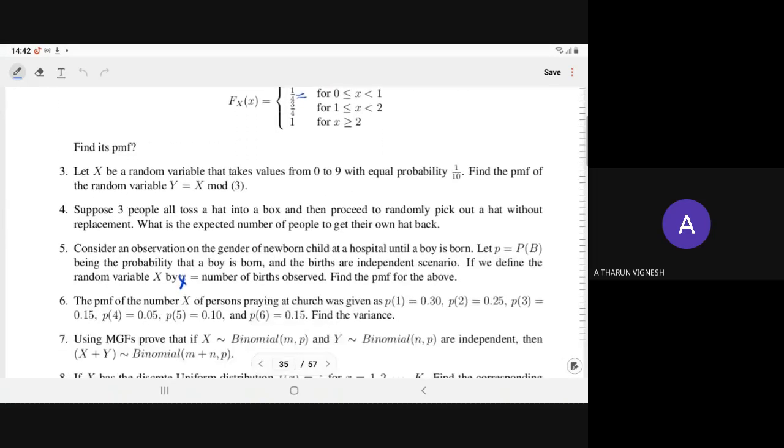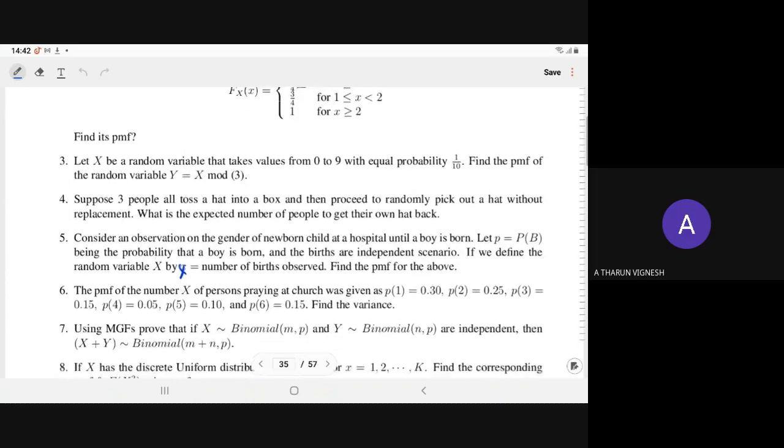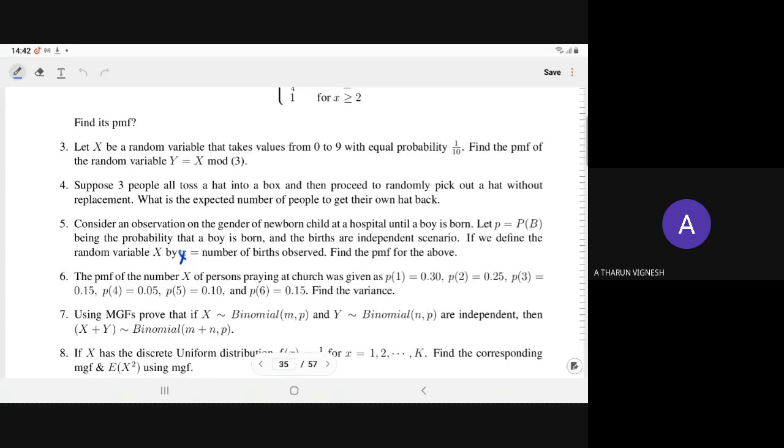Now, let us have another question. Using MGF, prove that if X follows the binomial distribution (m, p) and Y follows the binomial distribution (n, p) and they are independent, then X plus Y follows the binomial distribution (m plus n, p).